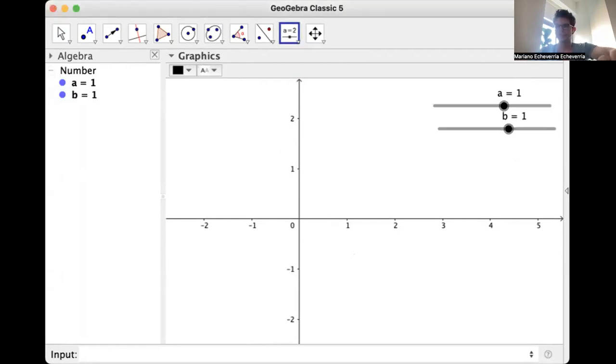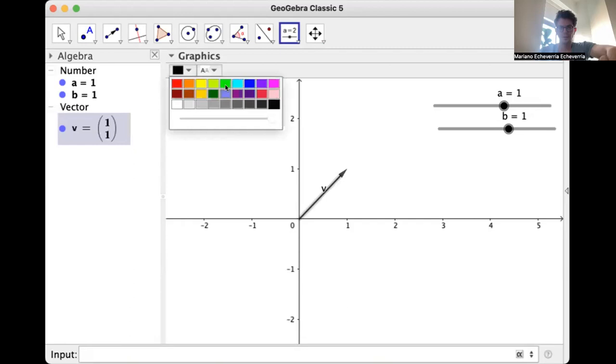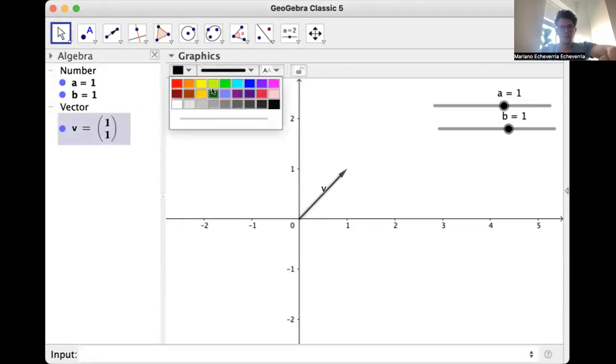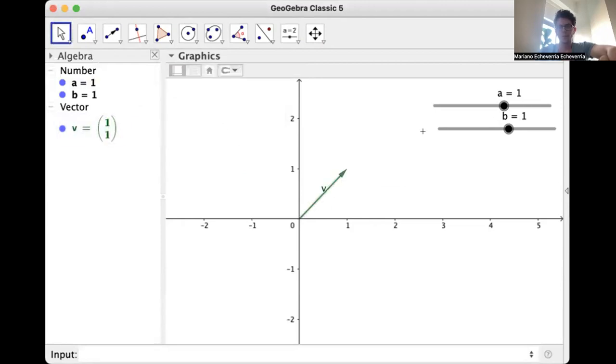Okay, so do you see the A and B sliders on the animation? This is going to work as the first and second entries of the vector. The first vector was AV, so you get this one, because the values for A and B were 1. But if I change the value for A, that's changing the x coordinate, can you see here?